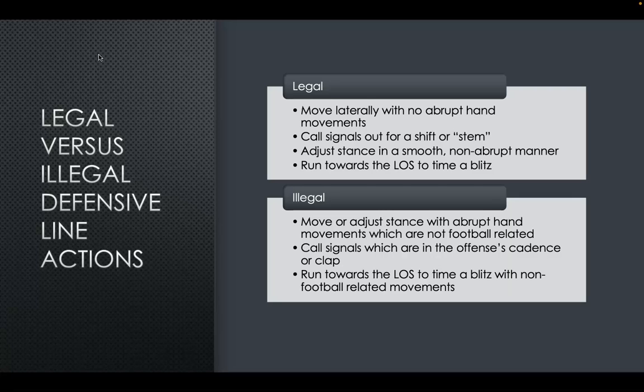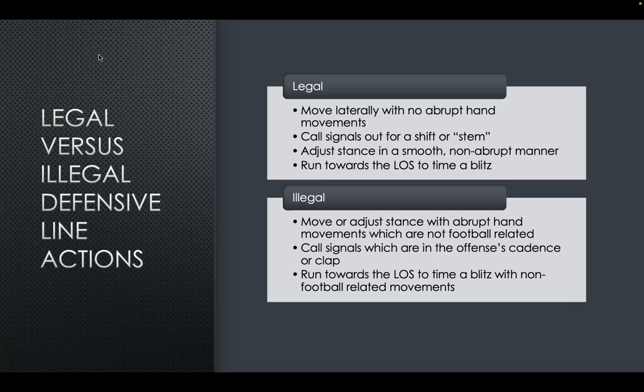If it becomes an abrupt motion in the offensive case, to draw the defense into the neutral zone, then we deem that to be simulating the snap, and it would be a false start. Conversely, on the defensive side, if the defense starts to make abrupt hand movements, we have to treat that as them doing a non-football related move, and the foul in that case would be delay of game on the defense.